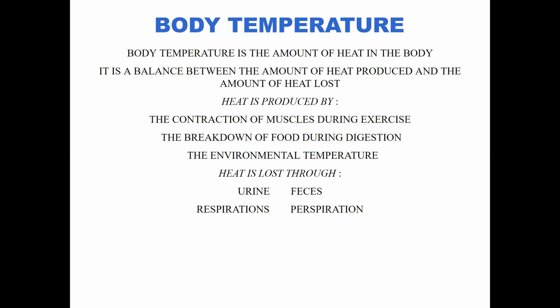If we're outside and it's 42 degrees and misting, well, this will cause our body core temp to go down. Especially if we're wearing shorts and a t-shirt, and now our shorts and t-shirt are wet from the cold mist. This will greatly decrease our body core temp, okay, and increase our chance of hypothermia. Heat is lost through urine, feces, respirations, and perspiration.